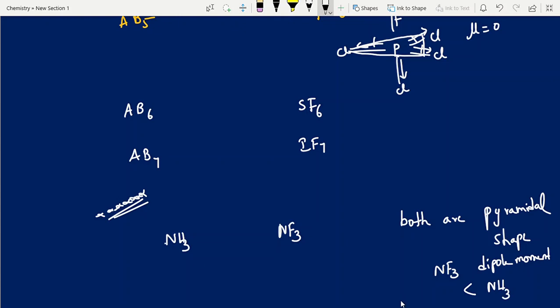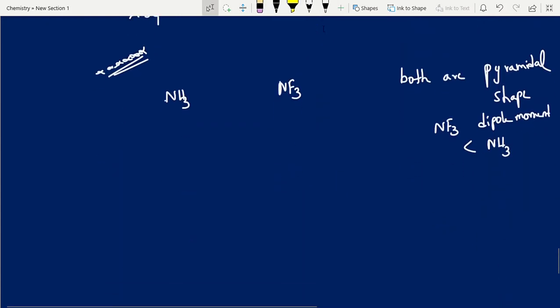What is the reason? See students, draw the structure first. NF3 and NH3 both are sp3 hybridized. It has one lone pair, you can write the expanded form like this. NF3 also has one lone pair.